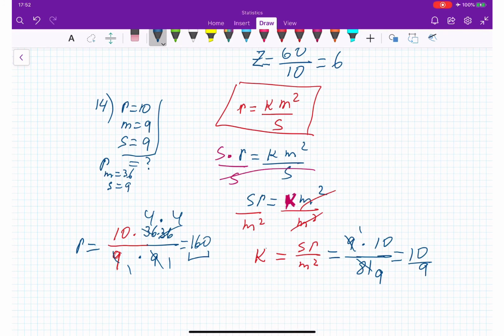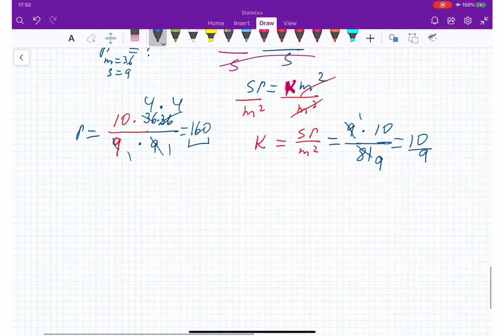Number 15. So, if z varies inversely as w, and z is given, and w is given, so z varies inversely as w, so z is equal k over w because it varies inversely.